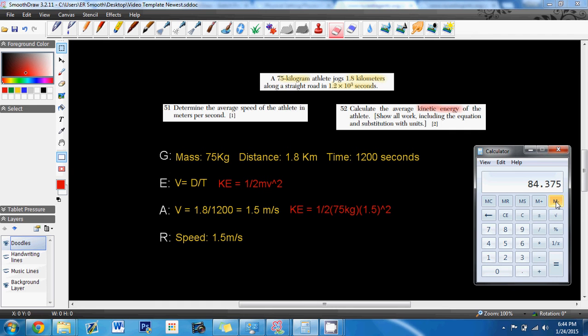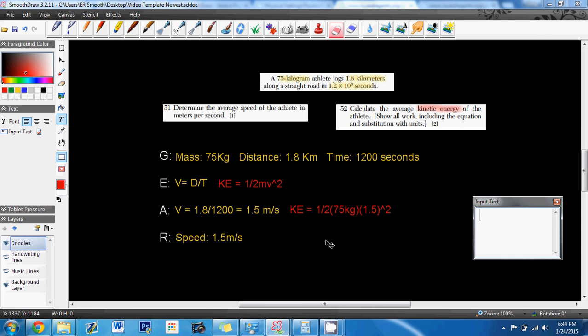Alright. So that'll be our kinetic energy. So kinetic energy equals 84.375. It does not say to round, so you can leave your answer like that.